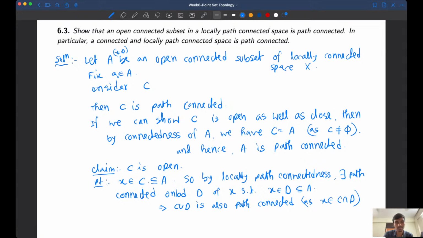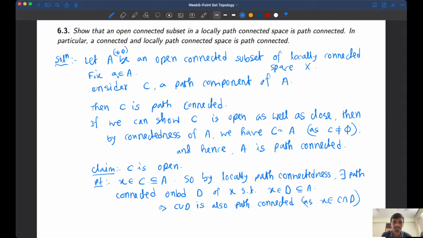So consider C a path component of A, which means it will be non-empty.